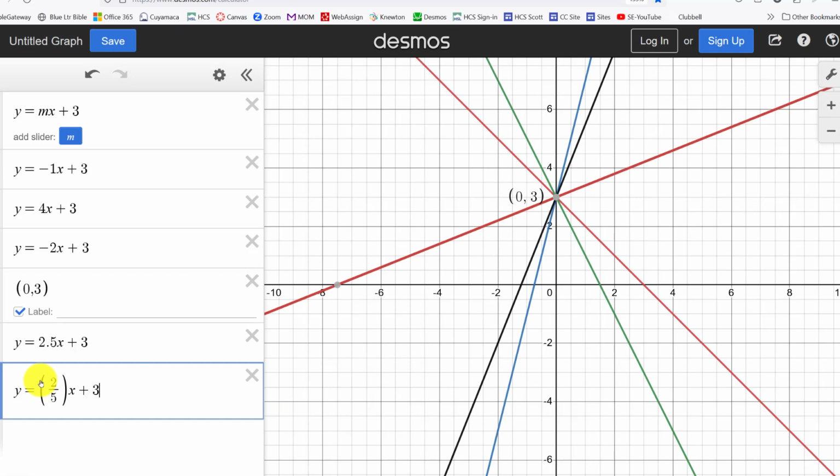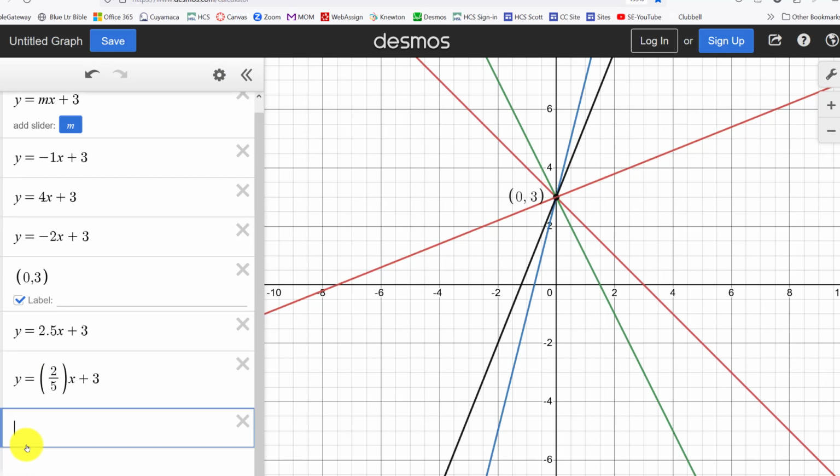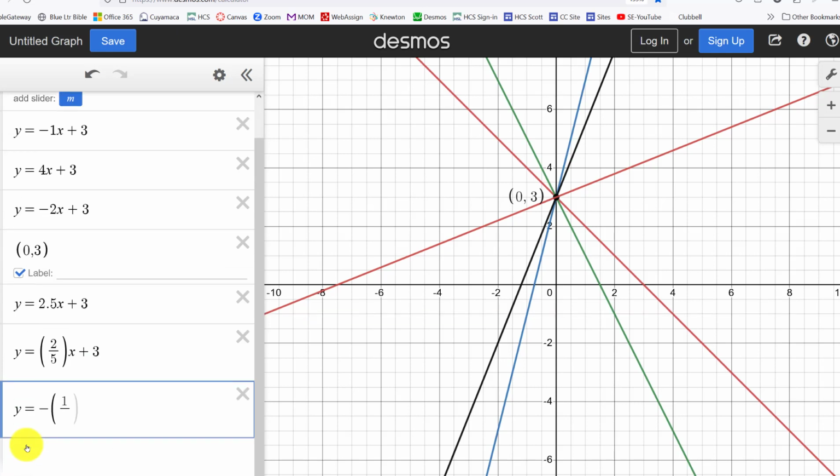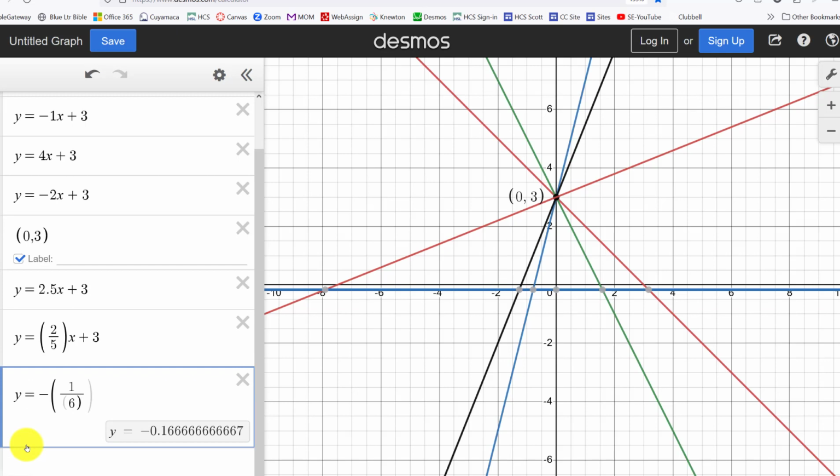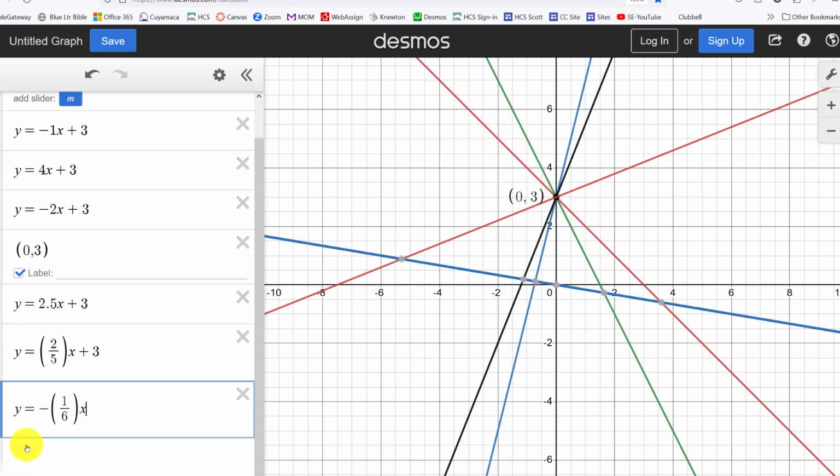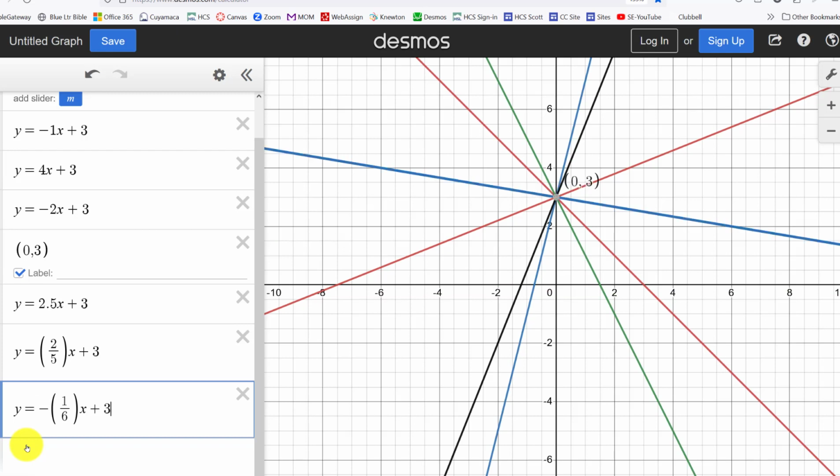Everything hits the y-intercept point at the 3, but they all keep having different slopes. One more, let's say a negative fraction, y equals -1/6 times x plus 3. They all keep hitting that point.